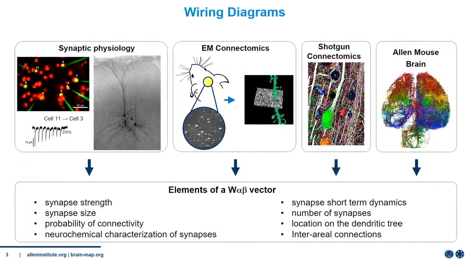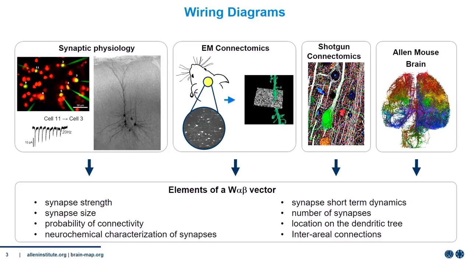So I think you saw this slide earlier today, and at the Institute, we have a multi-pronged approach to studying wiring diagrams of the mouse cortex. Different groups take different approaches, and we are especially focused here in the EM connectomics on looking at a cubic millimeter of previously imaged mouse brain.